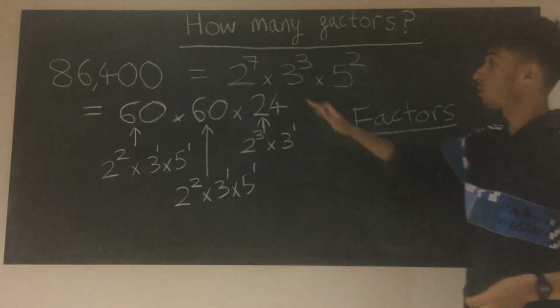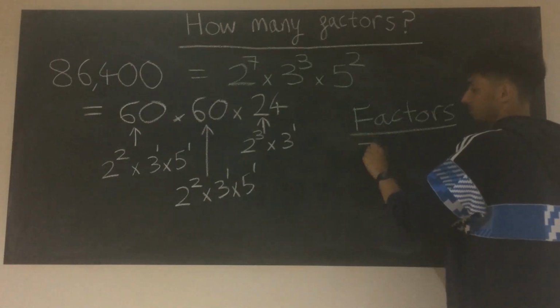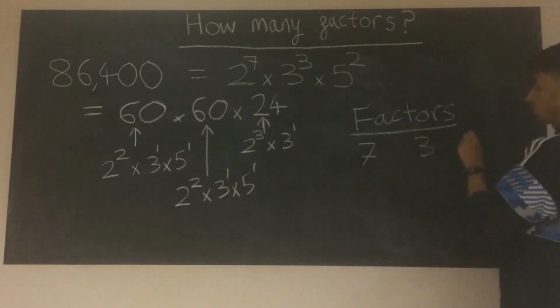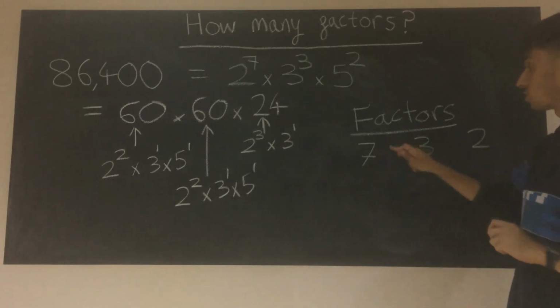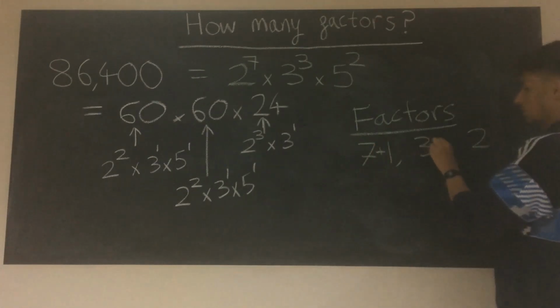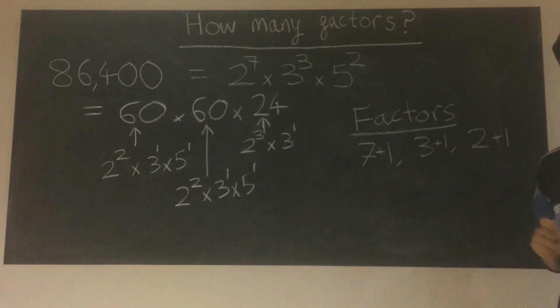The first part was writing out these 3 powers, or however many powers we would have. We've got 7, 3, and 2. Step 2 is to add 1 to each of these numbers. So we've got 7 plus 1, 3 plus 1, and 2 plus 1.